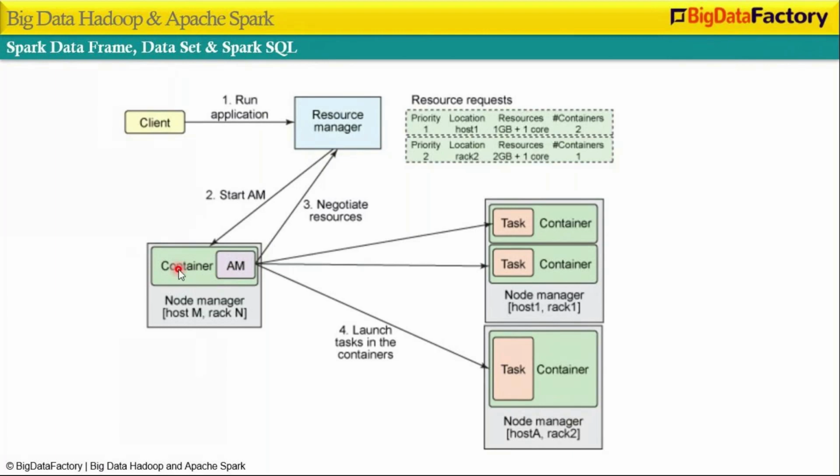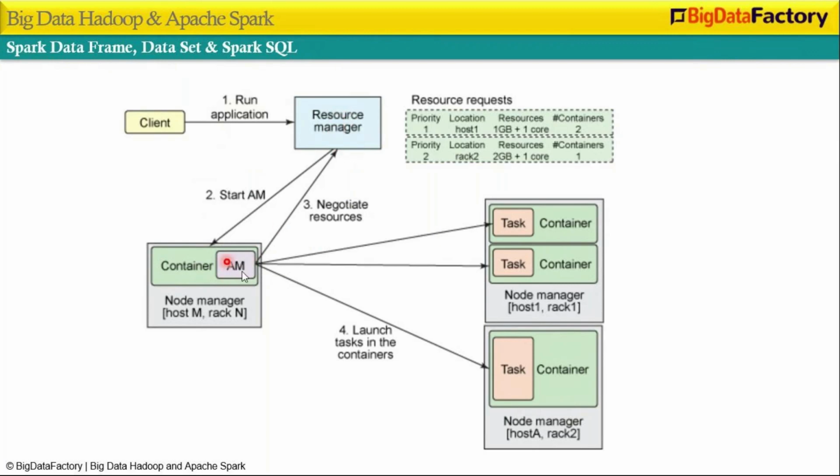Now this application master will check the application which the client wants to run on the cluster. Based upon that, the application master starts negotiating resources with the resource manager.